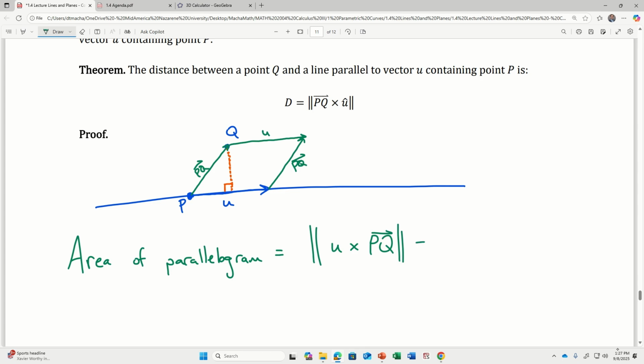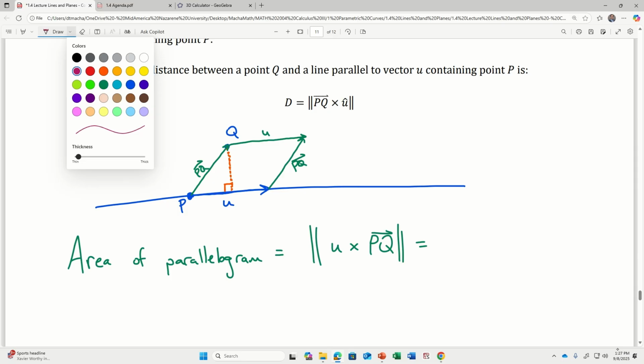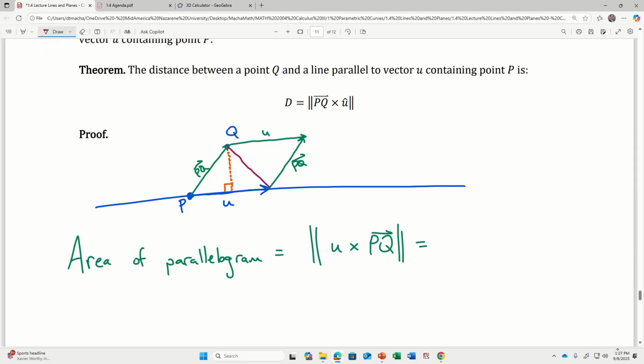Well, what else is the area of the parallelogram? The parallelogram is basically two triangles, if I do this diagonal right here. And the area of a triangle is 1/2 base times height. So the area of the parallelogram is just base times height. The base is norm of u, and the height is the length of this orange dotted line. And the length of the orange dotted line is the distance we're trying to find.